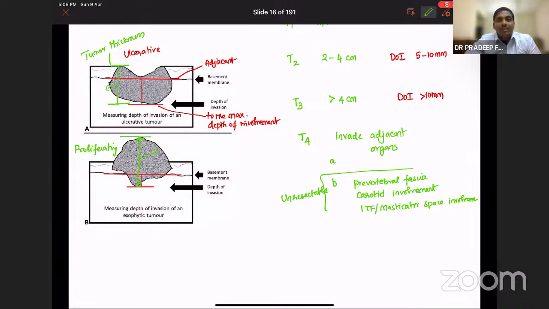So it will be misleading when calculating the prognosis of the patient. Thereby they recently included depth of invasion as an important prognostic factor. In this proliferating tumor, this is the actual depth of invasion. It helps in arriving at the prognosis.